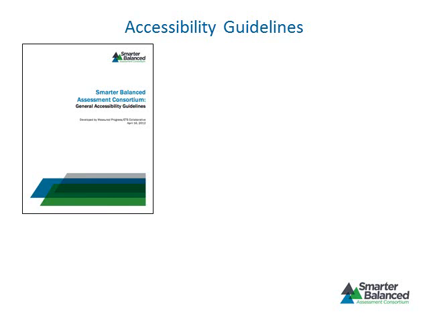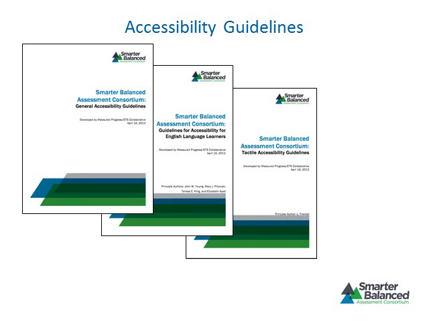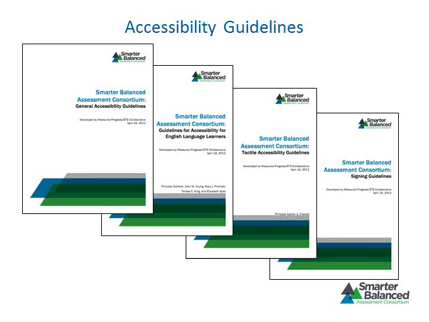Accessibility challenges that are specific to students who are developing English language skills are explored in greater detail in the Guidelines for Accessibility for English Language Learners. Detailed information about the presentation of items and tasks in tactile form are provided in the Tactile Accessibility Guidelines. The Signing Guidelines provide information that is specific to presentation of items and tasks in American Sign Language.